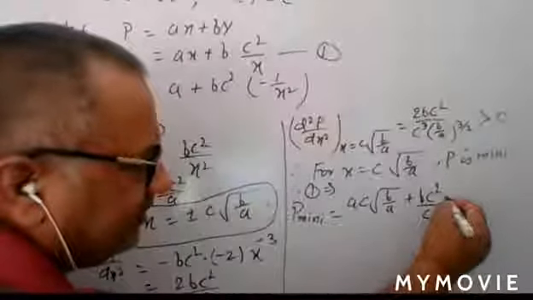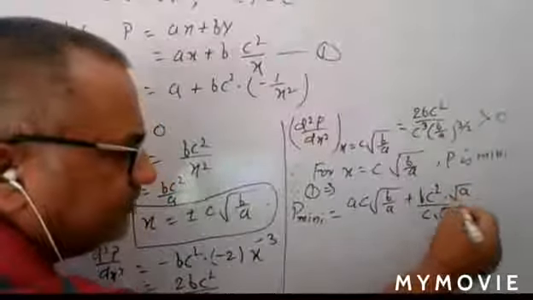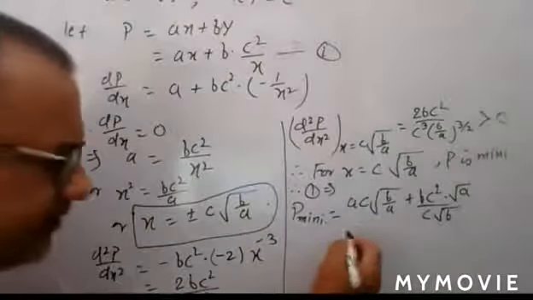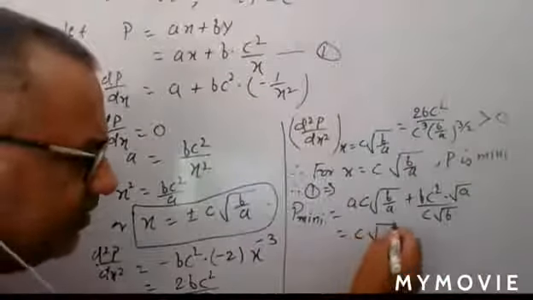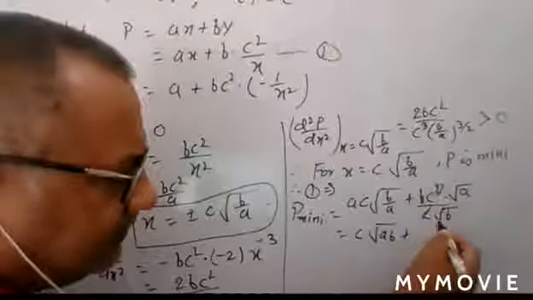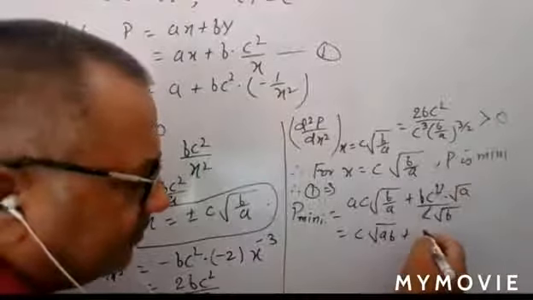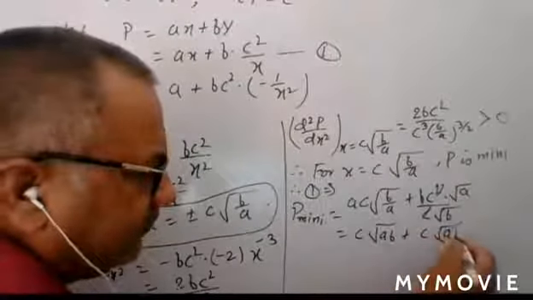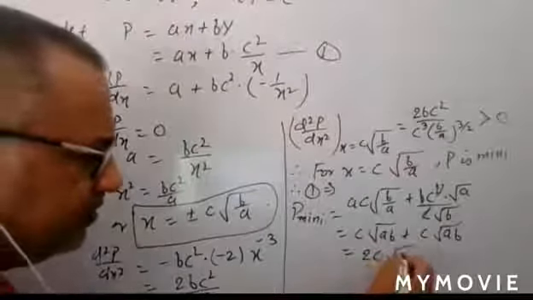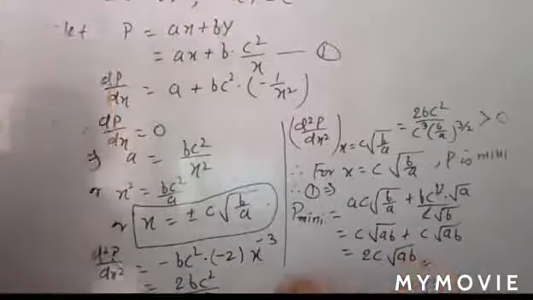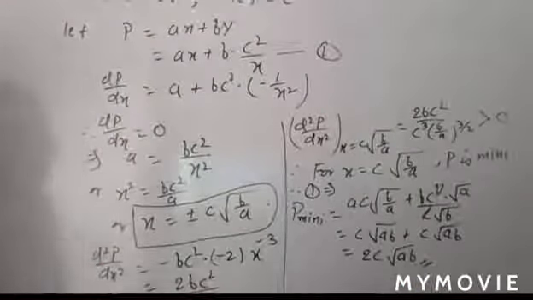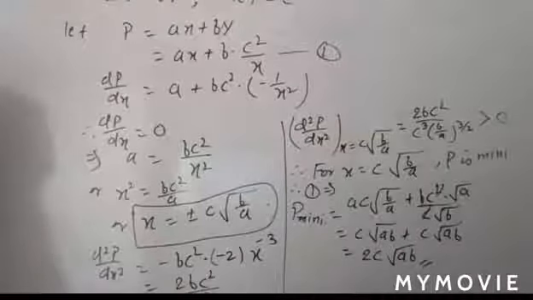So b is here and root a is transferred to the numerator. Just simplifying it, here you have c times under root ab, plus here c and c cancel out, b also cancels out, so here you also have c times under root ab. So overall you have 2c under root ab as its minimum value. That question was asked in 2015.